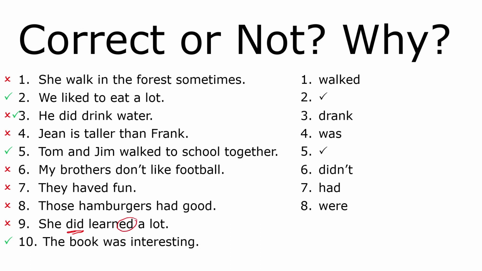So now I have 2 different pieces of grammar here, 2 different signs that this is in the past simple, and I can't do that. One or the other, okay? Both, no. So learned would be the normal way of writing that. Did learn, okay, but only if you have a special reason. And number 10, the book was interesting. That was correct.